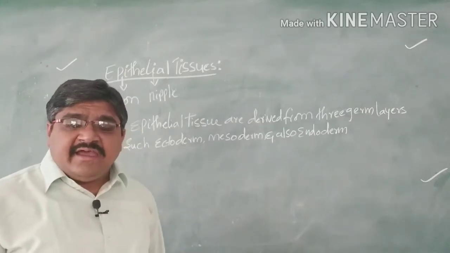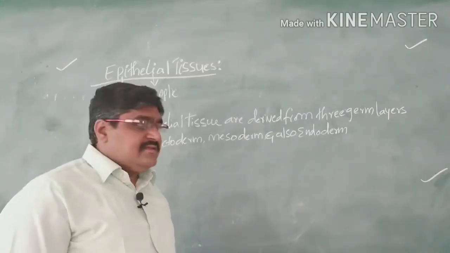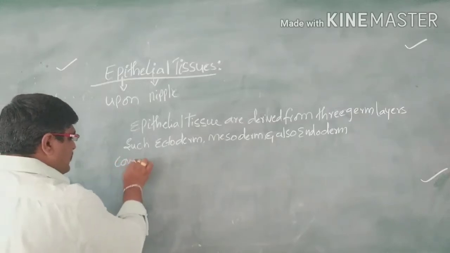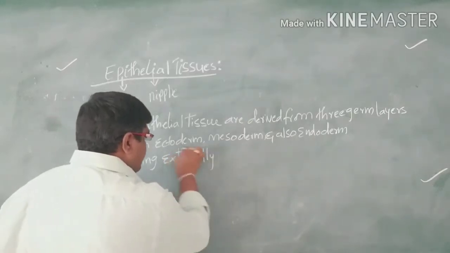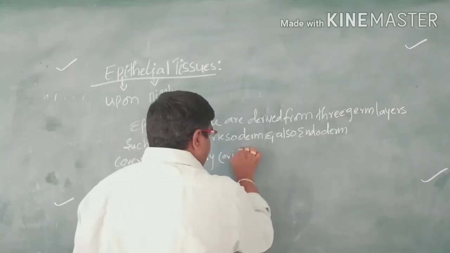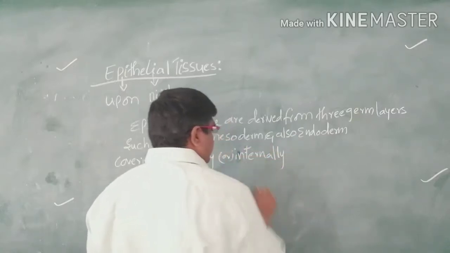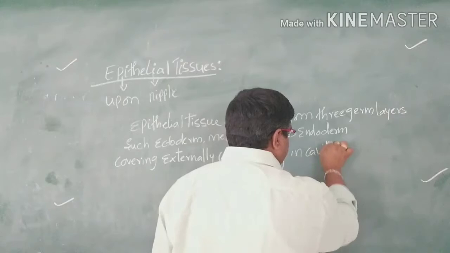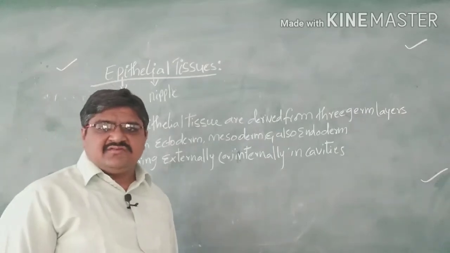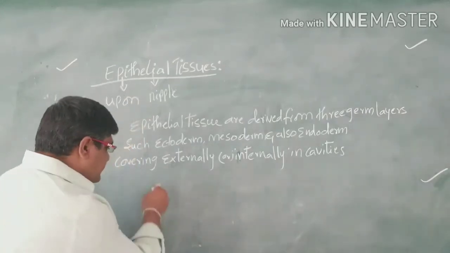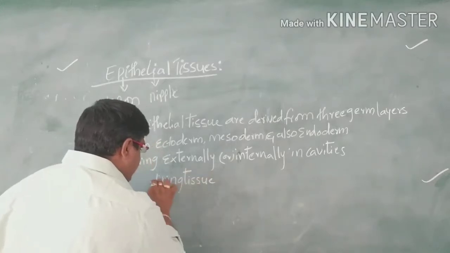They line the body, that means they cover the entire body either internally or externally, including the cavities. So we can call them lining tissues.